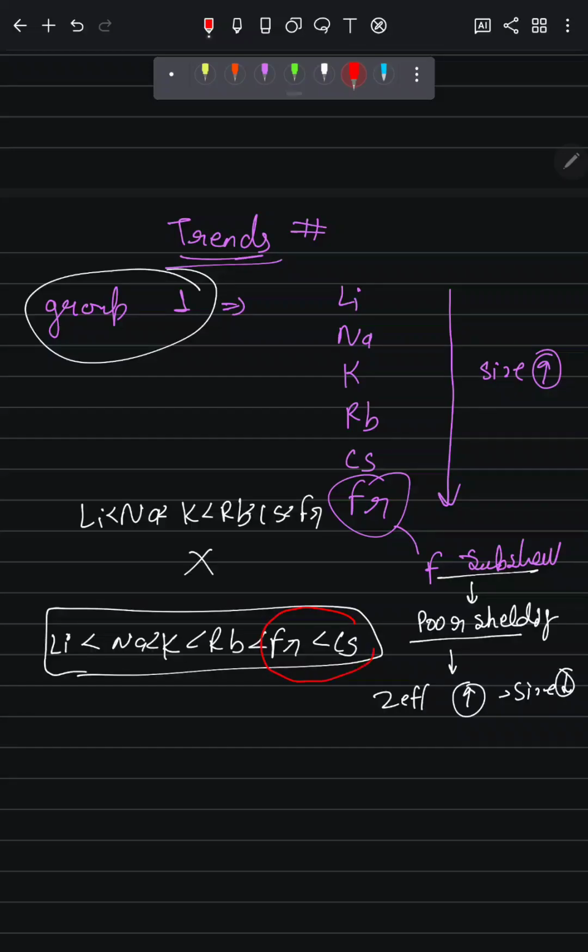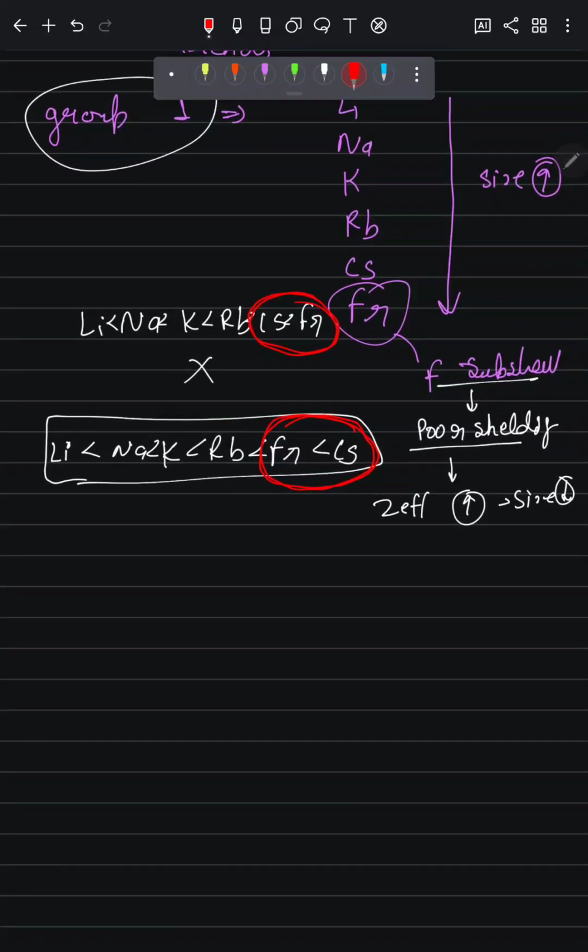So this is the basic change that is seen here, and the same is applicable for group 2 as well. We know that Be, Mg, Ca, Sr, Ba, Ra.